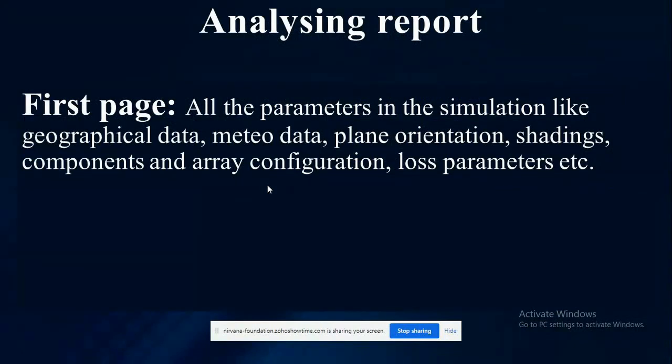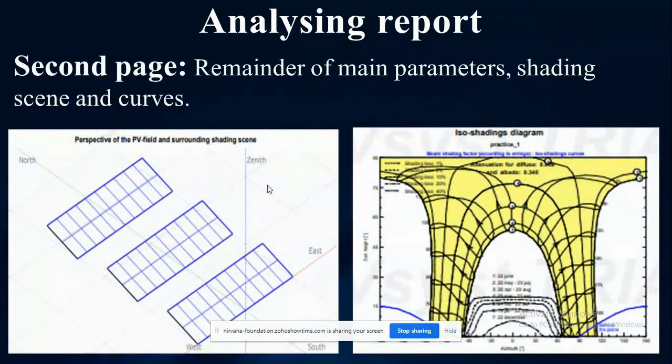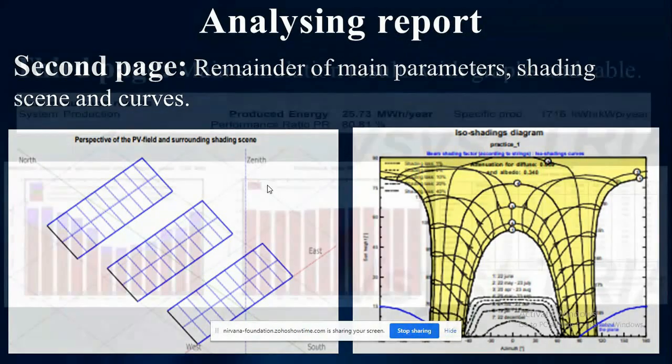On the first page of the report, we see all the simulation details, like the input details, location data, meteo data, and the system data, shading, array configuration, loss parameters, etc. And on the second page, we find the shading scene that we have created, and also the shading scene curves.